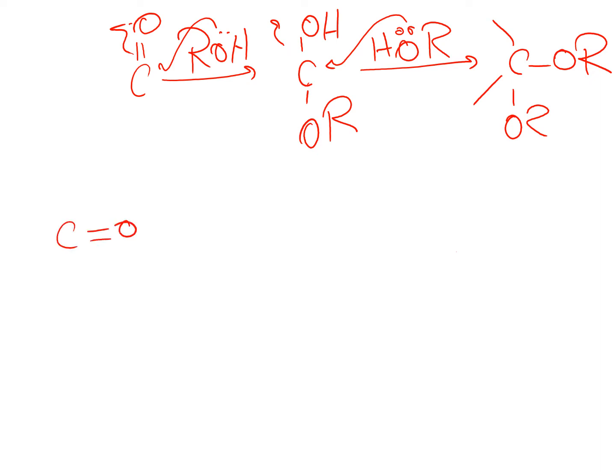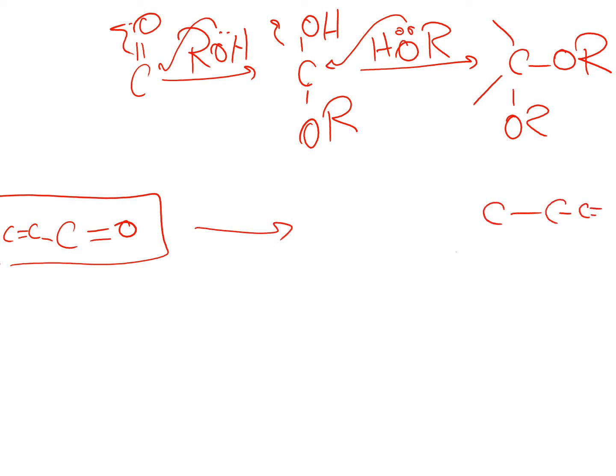You start the reaction having an aldehyde, a ketonic compound that has a double bond in its side chain, and you actually need to prepare this compound from your starting material.